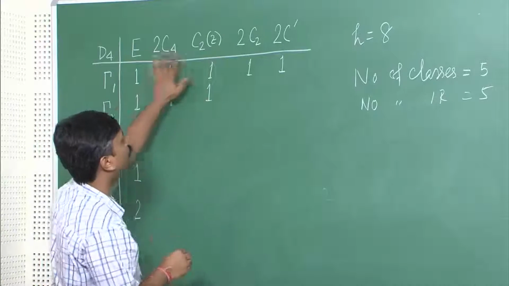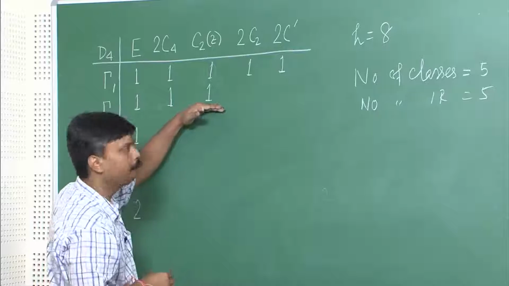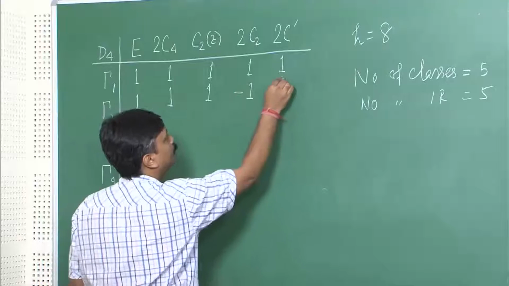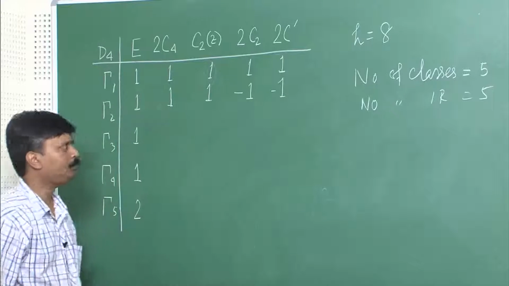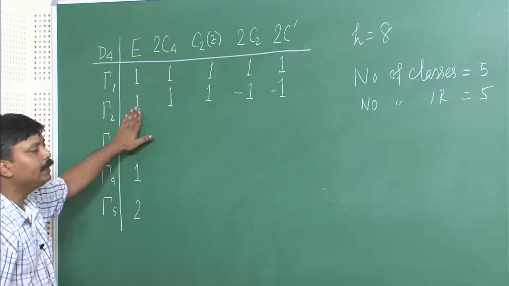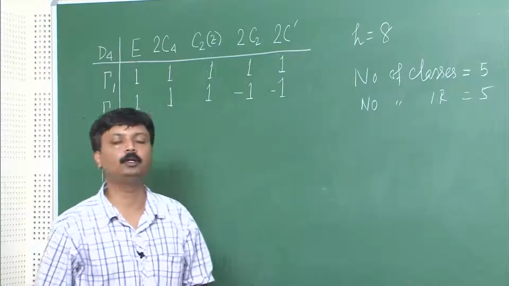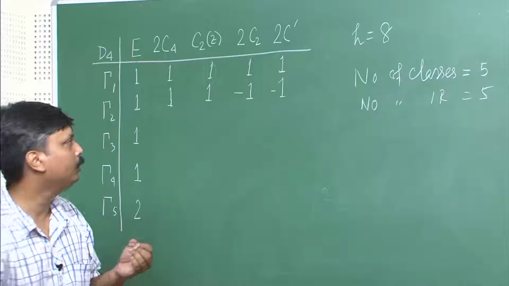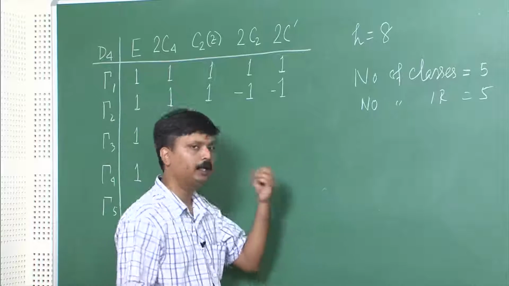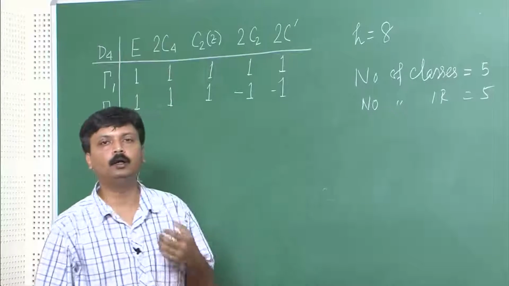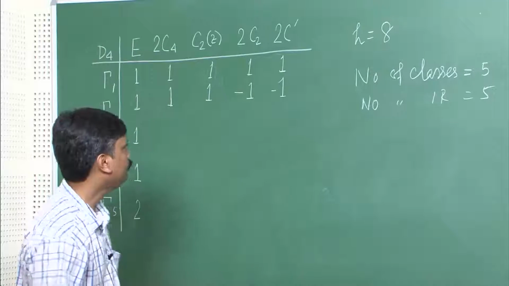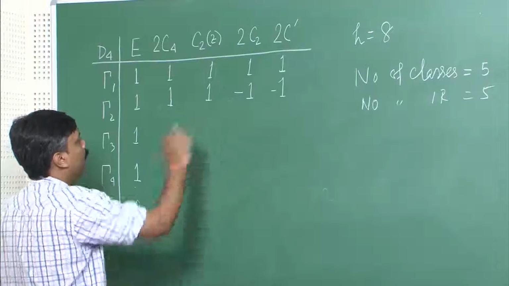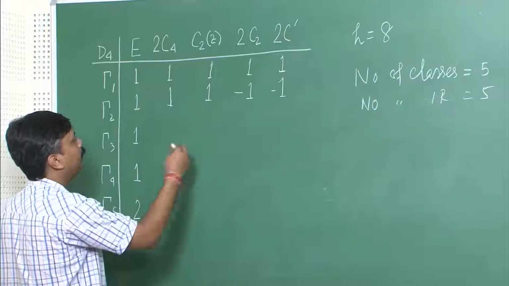Here I have 4 operations to which I ascribe +1, and another 4 to which I ascribe -1. This will again satisfy the condition that the sum of the squares of the characters of the IR gives the order of the group, because the square of any negative quantity gives a positive quantity. So, I got gamma 2.